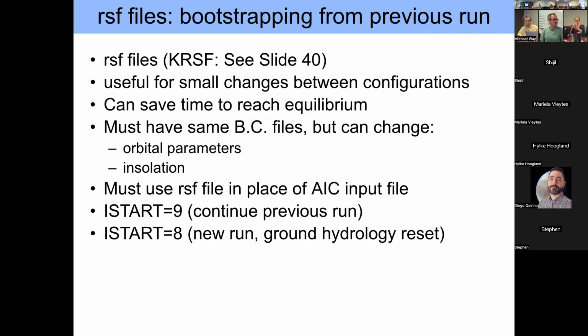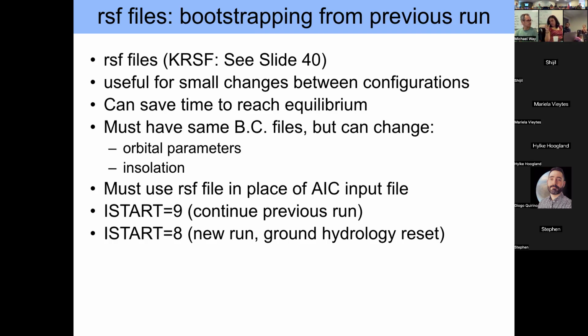You have to make setup, and in order to make setup, you need an iStart value. But for continuation of a run where you modify the I file, the model will not look at the iStart because it will not run the setup again. It just depends on if you want to do a new run or continue that existing run. Okay, so if you want to continue an existing run, you modify the I file and you just move on.